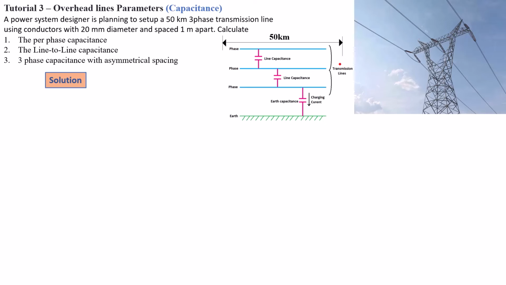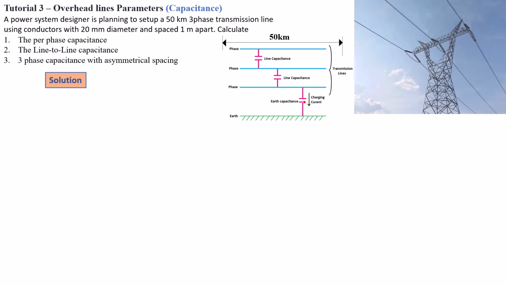Now before we start solving this problem, let's first look at where these capacitances that we're going to be solving are coming from. Right now, as you can see here, we've got phase 1, phase 2, phase 3, and we've got a capacitance here and another capacitance, and there is also a capacitance here between the ground and the phase.